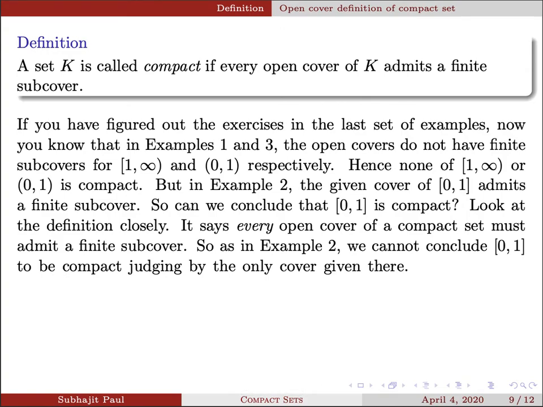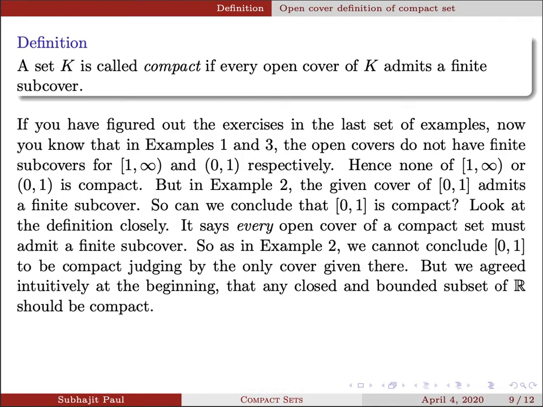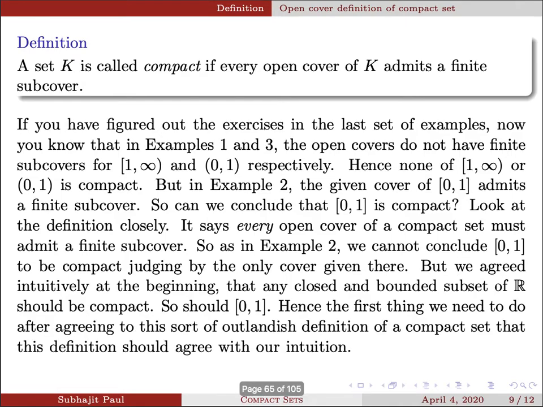So in example 2, we cannot conclude the closed interval [0, 1] to be compact judging by the only cover given there. But at the beginning, we agreed intuitively that any closed and bounded subset of R should be compact. So should [0, 1], of course.